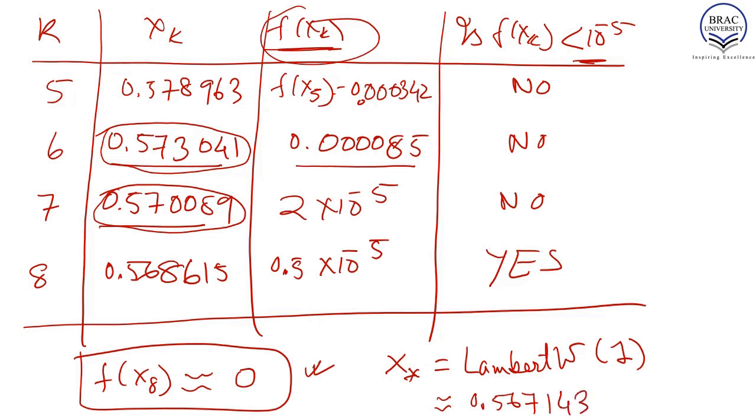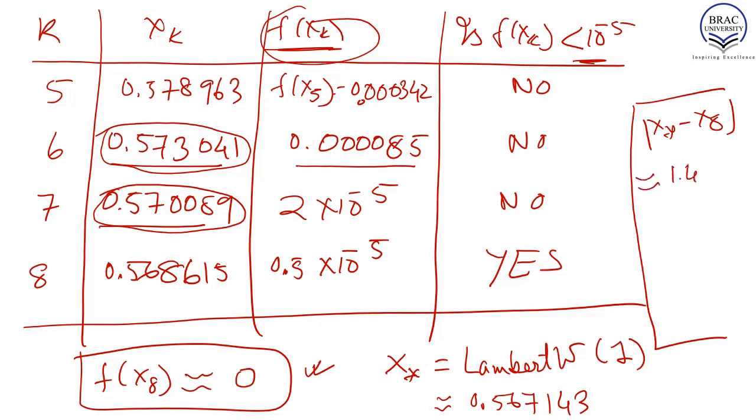You can see that this is not even close to our x8, but if you compute, let me write it here, as a side note, the magnitude of x star minus x8, if you subtract them, what you get is approximately equal to 1.4 times 10 to the power minus 3.